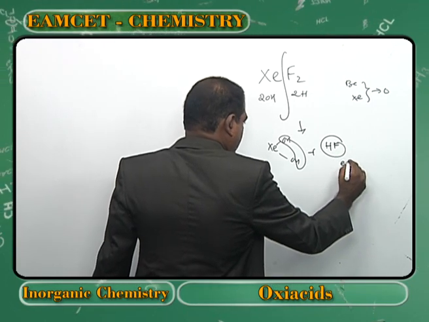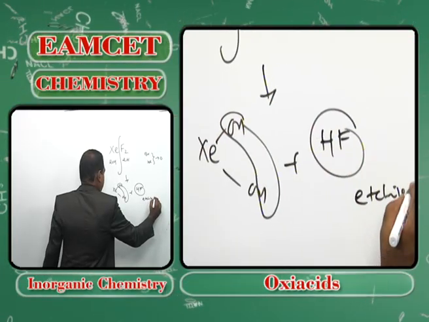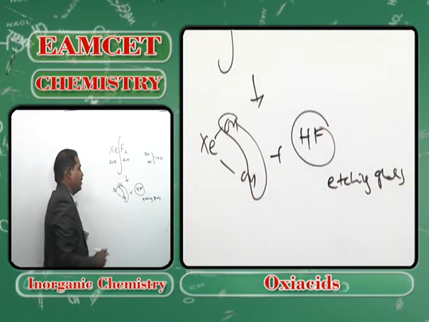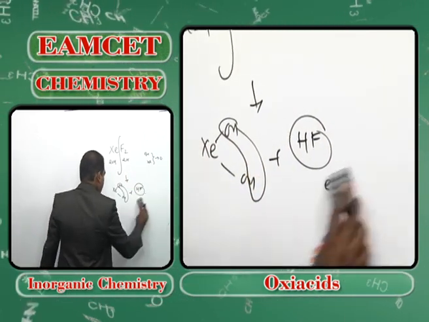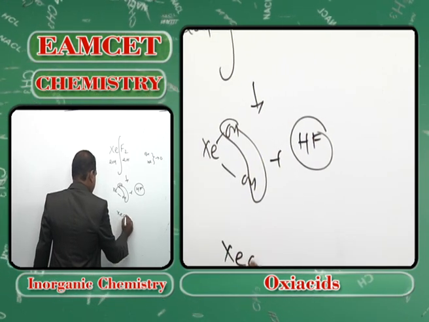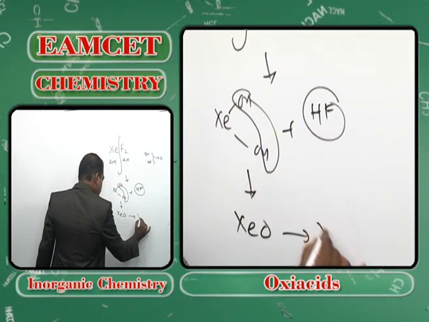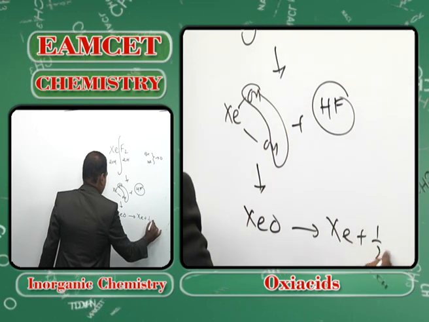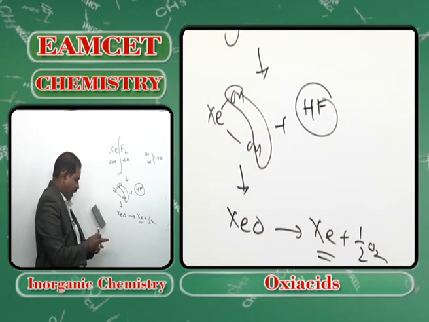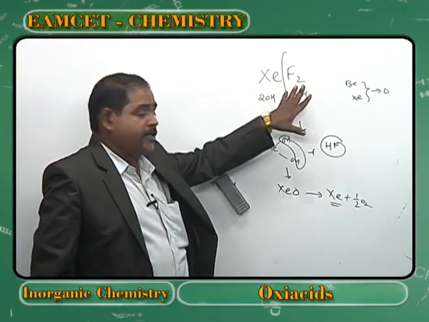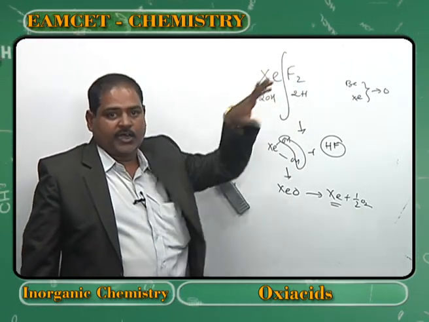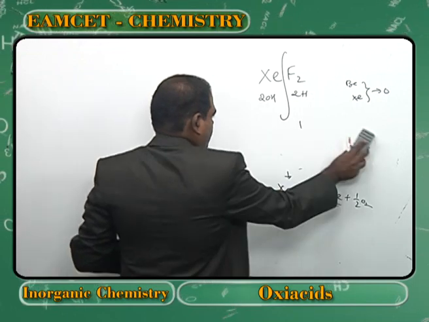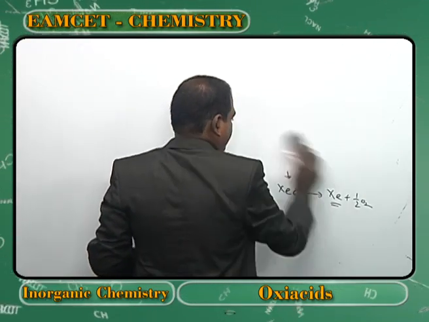This is called etching of glass. Now you get XeO, and that XeO also becomes Xe plus half O2. So, the hydrolysis of xenon fluorides does not follow the generalization. You learn the hydrolysis of xenon fluorides separately.